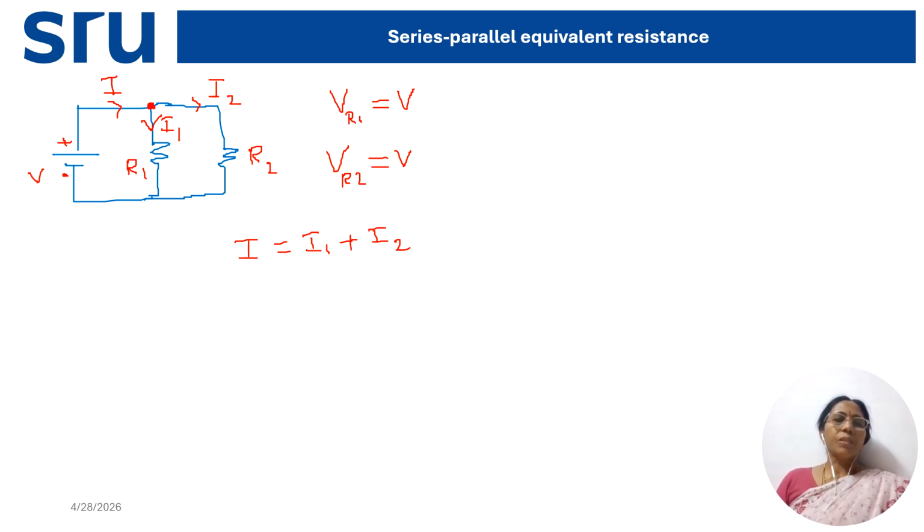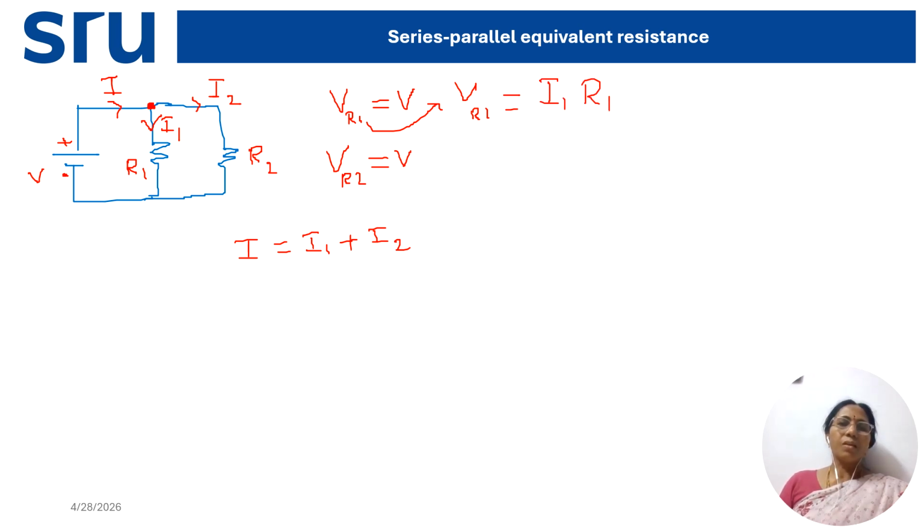Now look at this, the voltage across R1. According to Ohm's law, I can write VR1 equals I1 into R1, and the voltage across R2 in terms of current is I2 into R2.